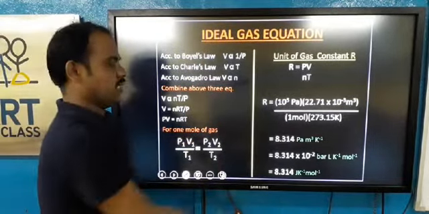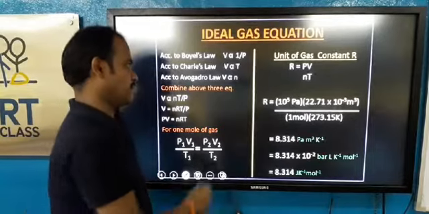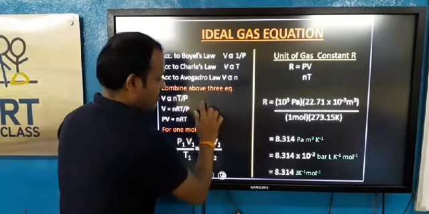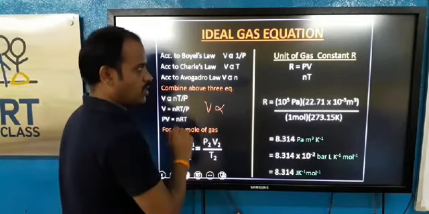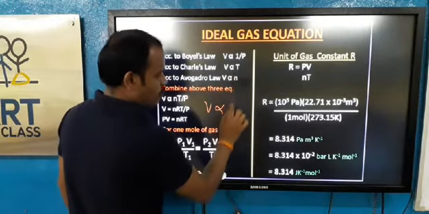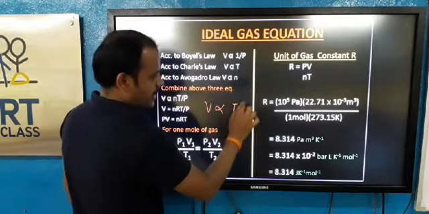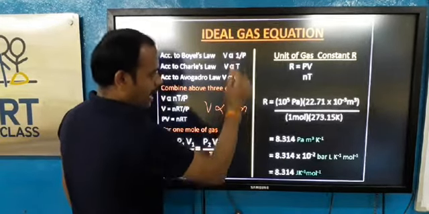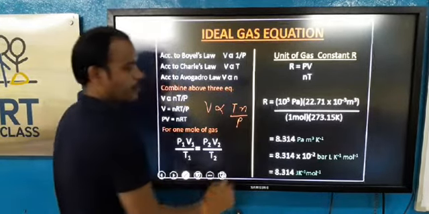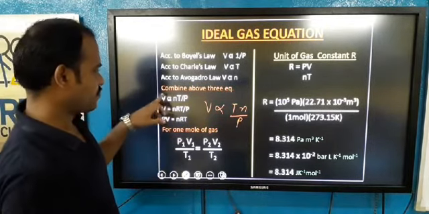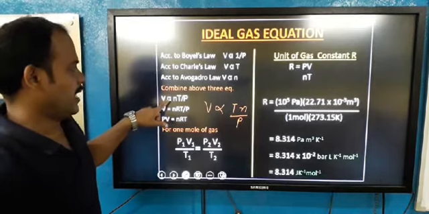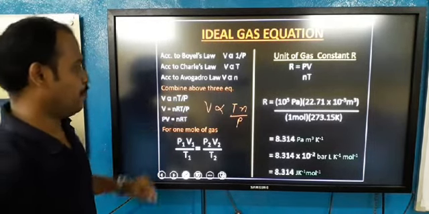If you combine these three laws, then V is directly proportional to T, directly proportional to n, and inversely proportional to P. In combined form you can write V is directly proportional to nT by P.